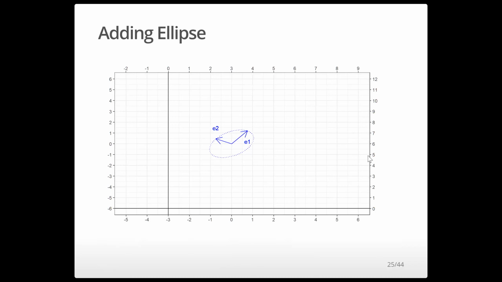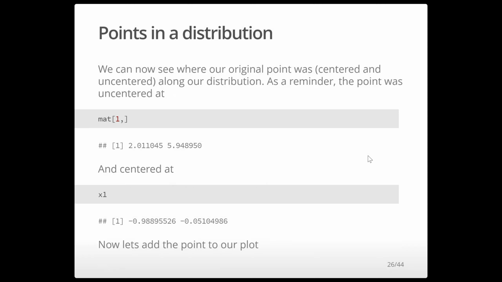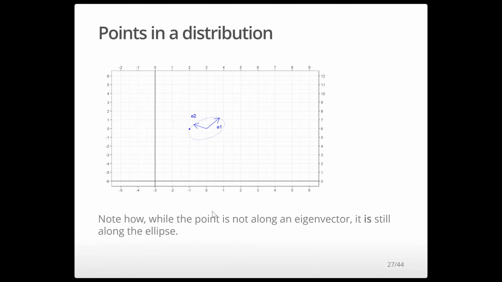So now I can add my ellipse around these vectors. And so now let's go and see where our original point lies on this plot. So this is the uncentered version of our original point, and this is the centered version. So this is just the first randomly drawn observation, and this was the observation minus the mean vector.